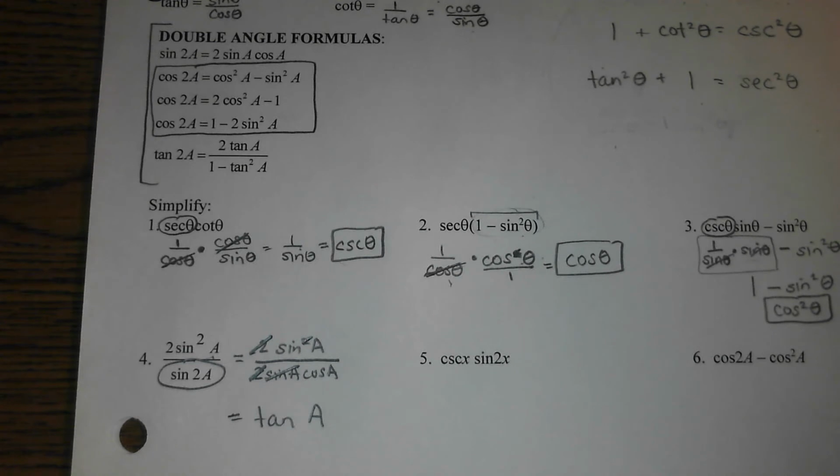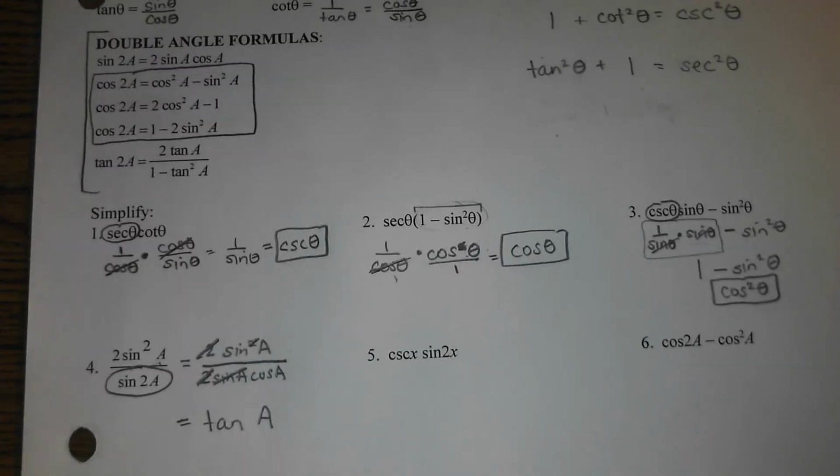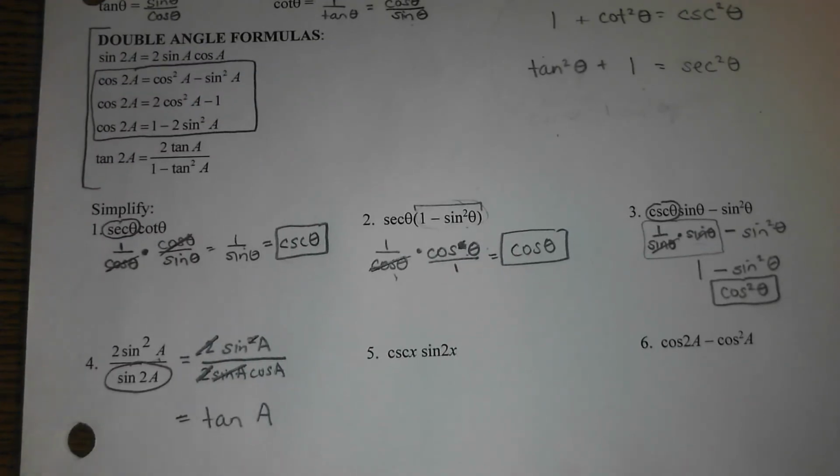So really, this one is substituting out the sine squared, and this one is substituting out the cosine squared. But they're all intertwined. So if you do pick the wrong one, it will still work out if you stick with it, but we'll talk about strategies of which one to pick when I get there.